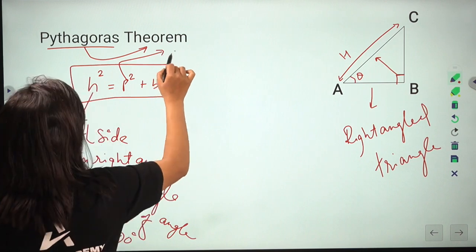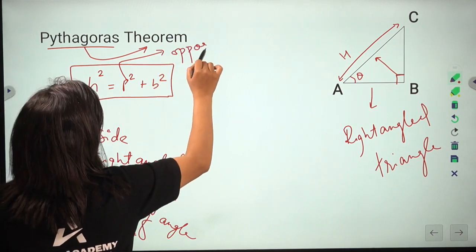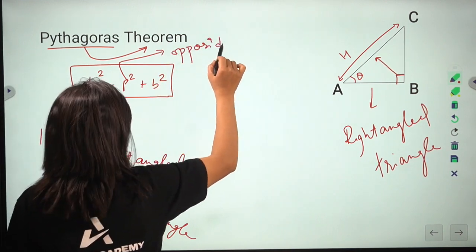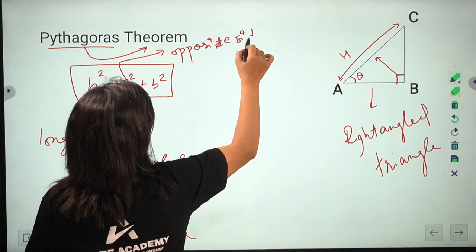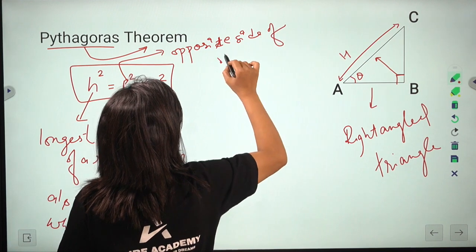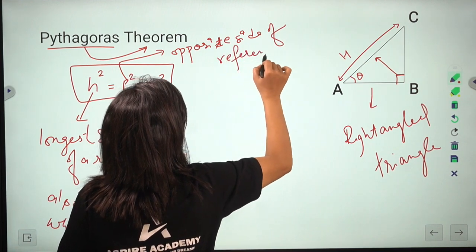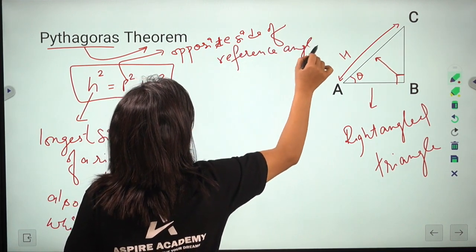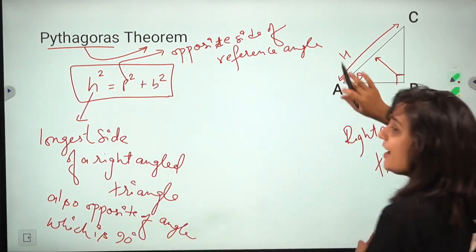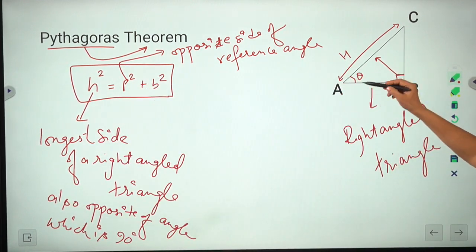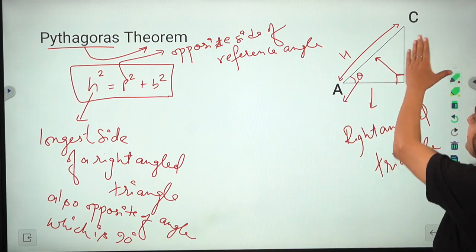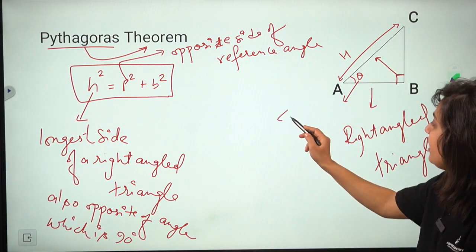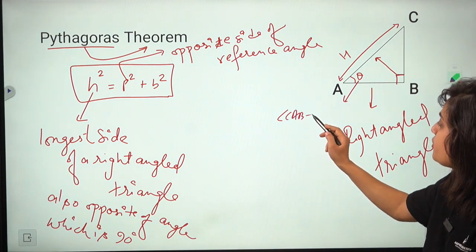Now what is P? P is the opposite side of the reference angle. That means here see, this is the reference angle. We have assumed angle CAB as the reference angle. Angle CAB equals theta.